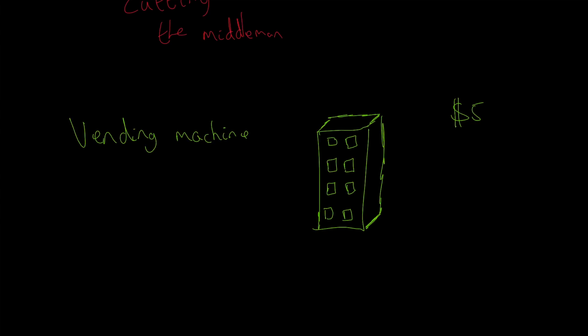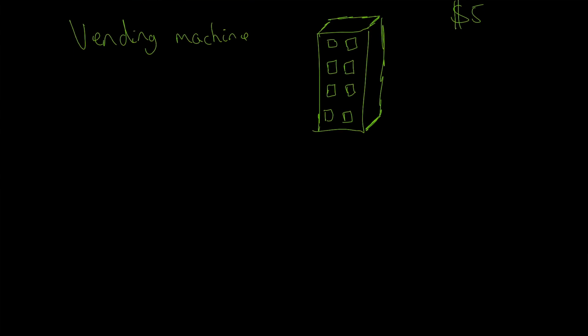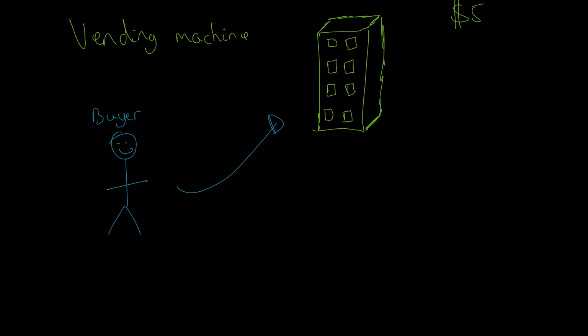And it's all automatically done. Yes, there is a physical person that comes and actually replenishes the stock of the vending machine, but assuming there's stock there, that device, that container, is self-automated. You're going to see my epic drawing skill now. You, as the buyer, go to the vending machine.